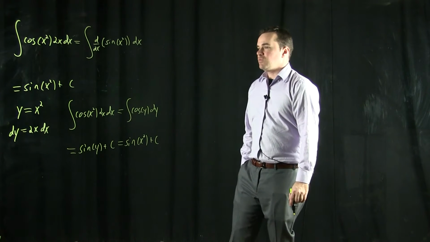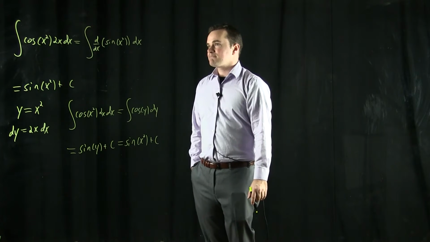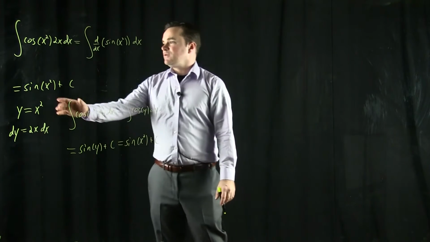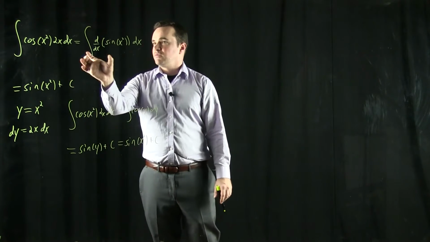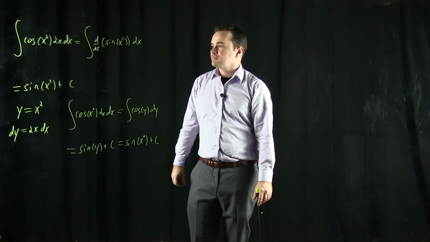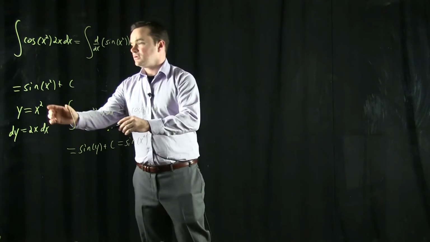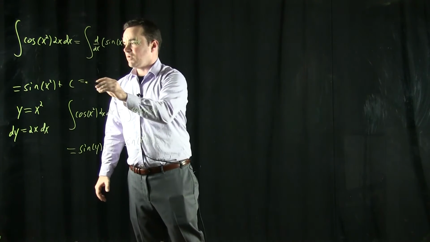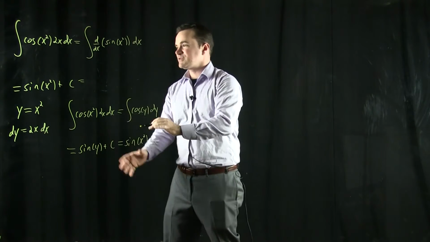And so what's going on here? If you look at sine of x squared plus c, which is your answer, if you make this substitution that y is equal to x squared, I'm almost doing this process in reverse.